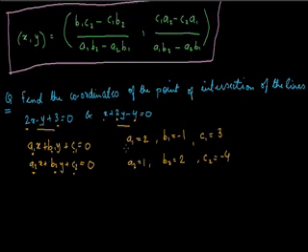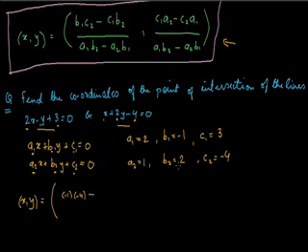So substituting the values of a1, b1, c1 and a2, b2, c2 in our point of intersection, we can write that, let's say x, y are the point of intersection, then the value of x is equal to b1 over here is -1, c2 over here is -4, minus of c1 b2.